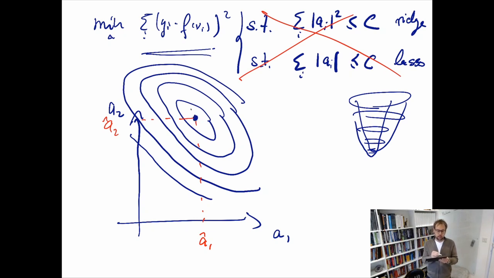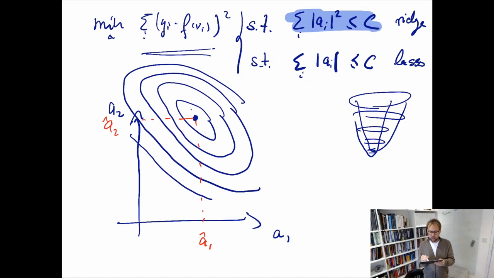Now obviously we are interested in the constraint, so what do those constraints look like? I have the condition here that ai squared and ai absolute value is less than some constant c, and I can actually look at those constraints here. So for example, let's just start with this constraint here.